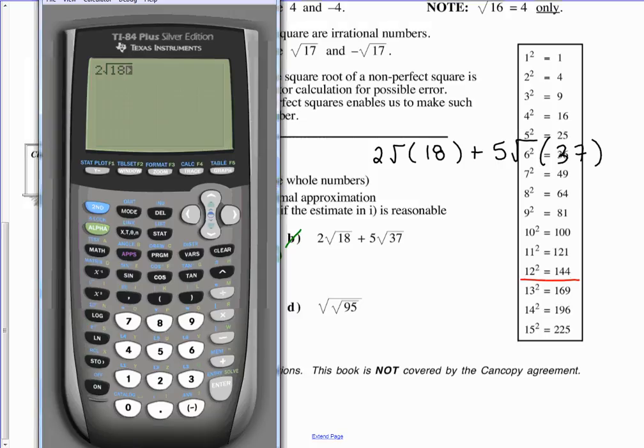You see that? So in order to get out of the square root, you have to push the right arrow. There are no brackets on this version. Plus 5 square root 37. And technically you can just push enter at this point, or you can push right arrow if you want to get out of the square root. And there, you should get 38.899... Did you get the same thing?